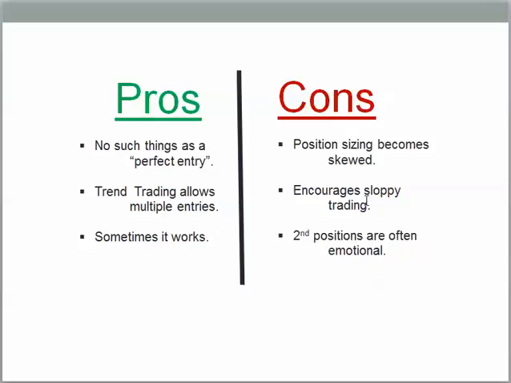The other problem that I have against averaging down is that I think it encourages sloppy trading, because mentally you're thinking, well, I can always average down, right? Well, if you think that way, then the problem is that you will tend to do it more, and that you will tend to be more sloppy in your entries. I just happen to believe that. You can disagree if you want to.